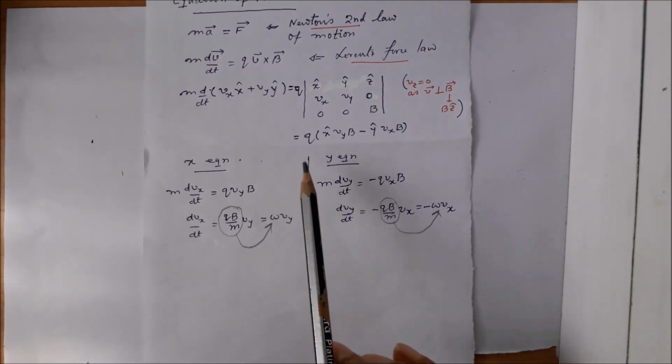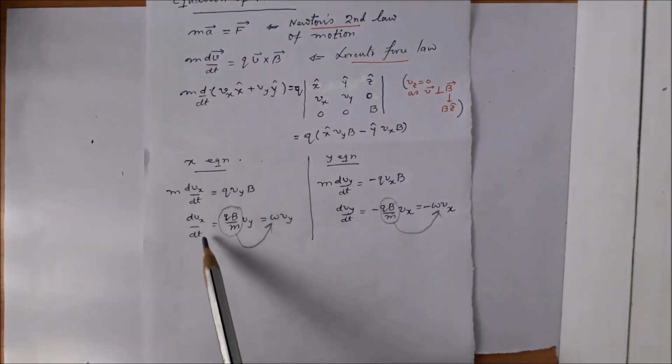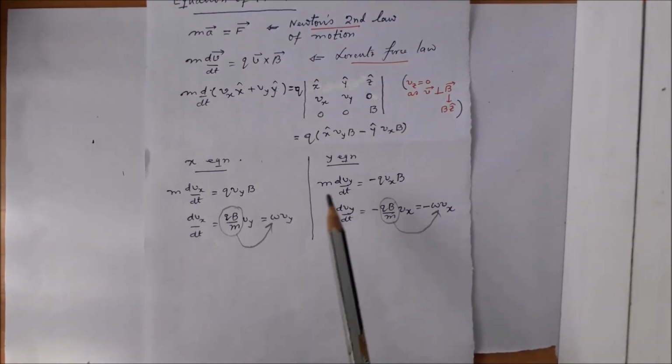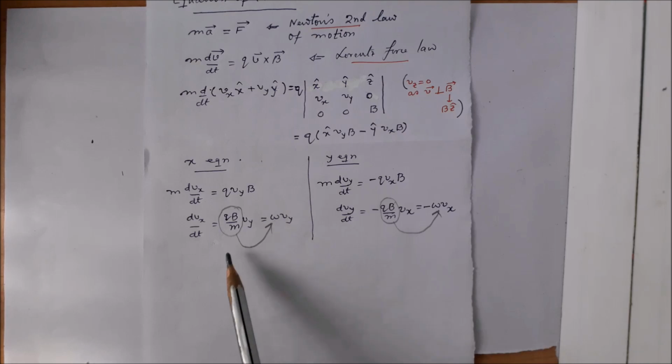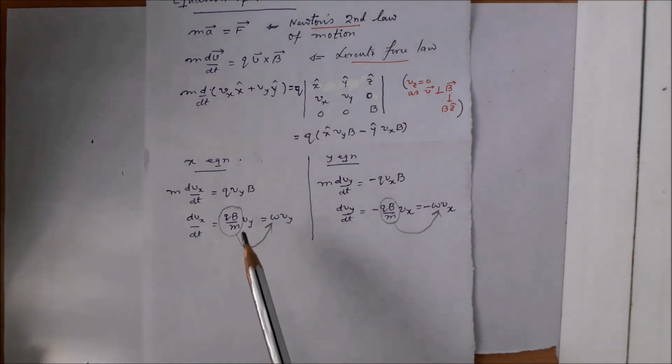Equating the components of x cap, we get the x equation, and equating the y cap components, we end up with the y equation. Now these equations involve an omega, and this omega is qB by m, and we showed that it has dimension of frequency.